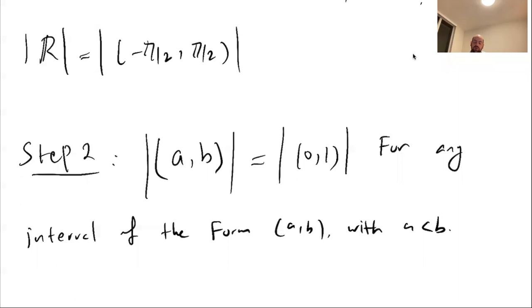And cardinality of (0, 1), again by step 2, is the same as cardinality of (a, b) for any a and b. This is what step 2 was saying. So that means cardinality R equals cardinality of (a, b) for any interval of the form (a, b).